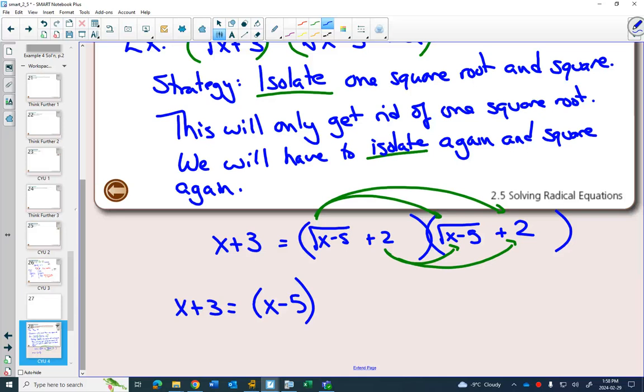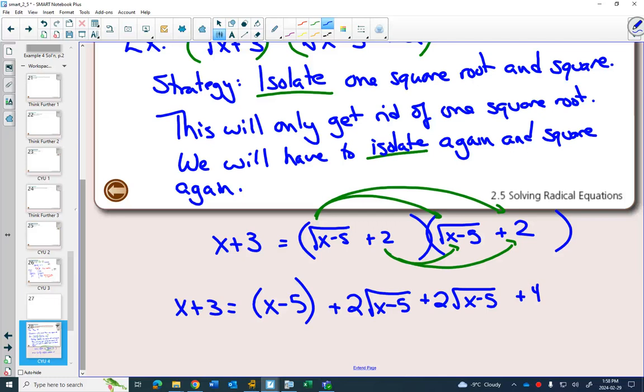Okay? So I get x minus 5 there, but then I'm going to have this, and this is 2 square roots of x minus 5, and then the inside ones will give me another 2 square roots of x minus 5, and finally 2 times 2 is 4. So the nice thing is that I got rid of my square root on the left side, but I didn't get rid of all of my square roots.